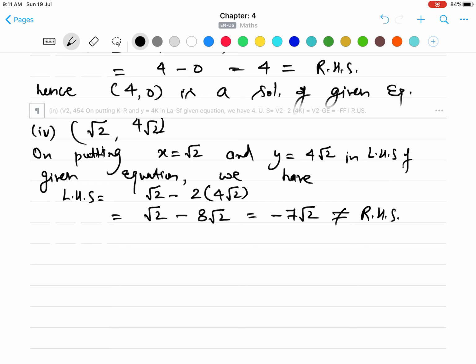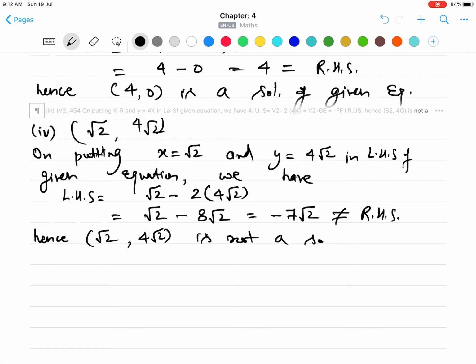So this is also not a solution of the given equation. Hence, root 2 comma 4 root 2 is not a solution of the given equation.